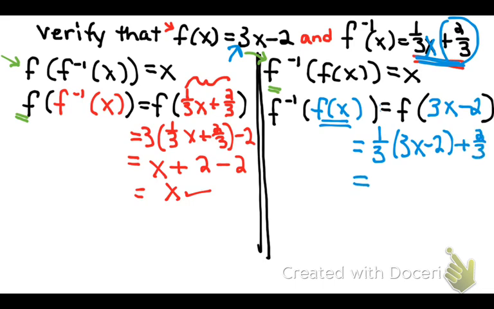We distribute the 1/3 in, so we get x minus 2/3 plus 2/3. These values will cancel, so it equals x. So we just verified that these functions are an inverse of each other.